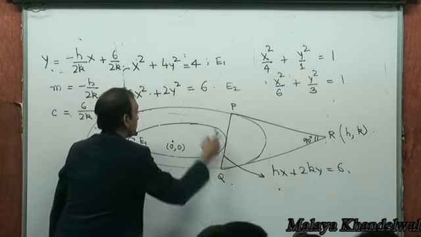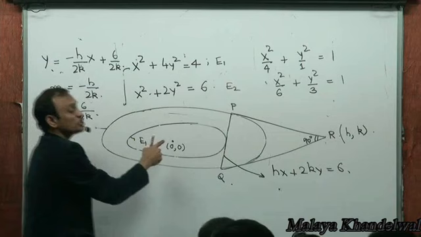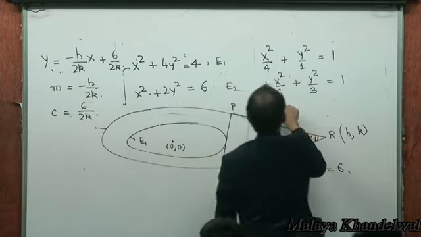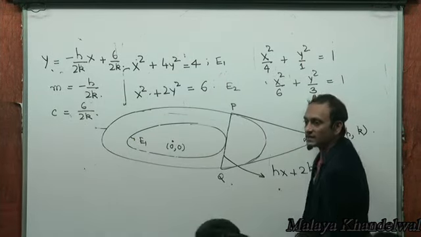For this to be a tangent to the first ellipse, c squared must be a squared m squared plus b squared. Sorry, it's tangent to the first ellipse, where a squared is 4 and b squared is 1.